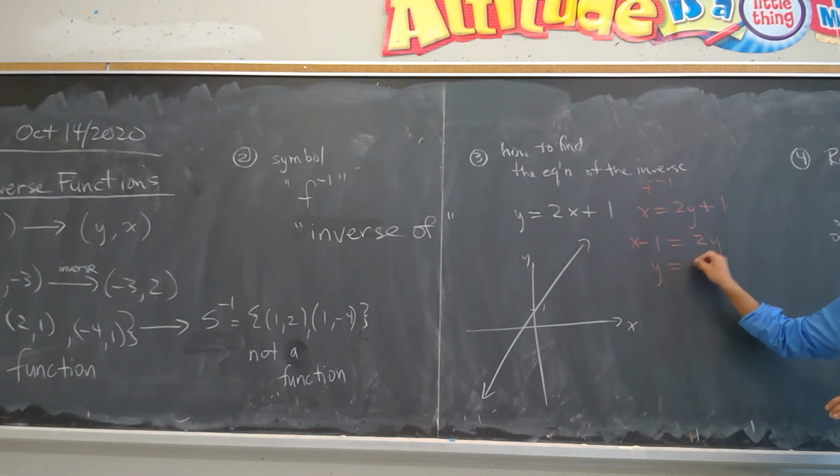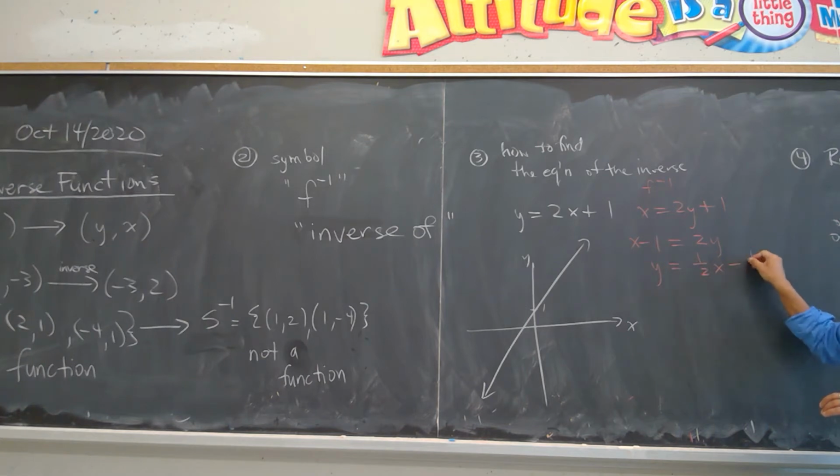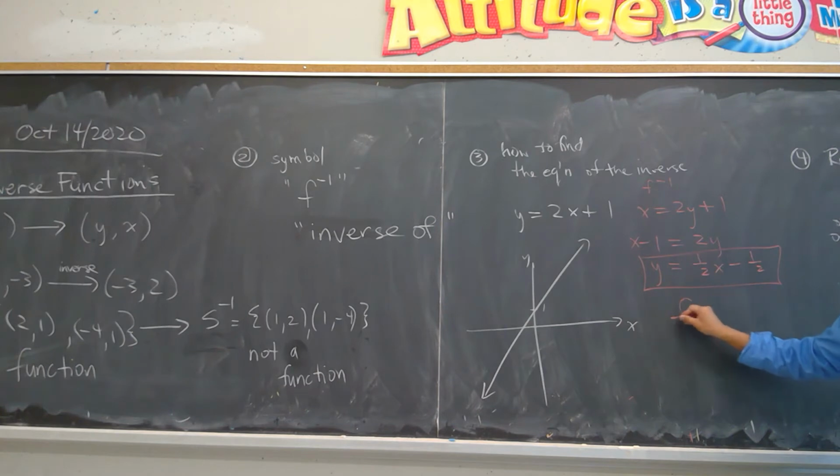So we get y is equal to half x minus a half. And if I were to rewrite this, the inverse is this equation. That's all it is. Let's just pause here for a second. Not the video at home, but let's just make sure we're okay.